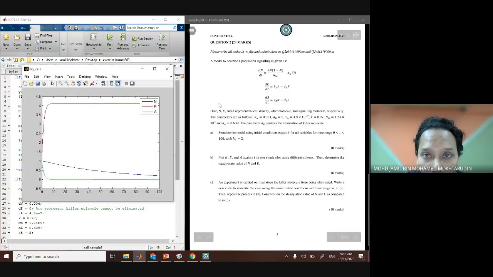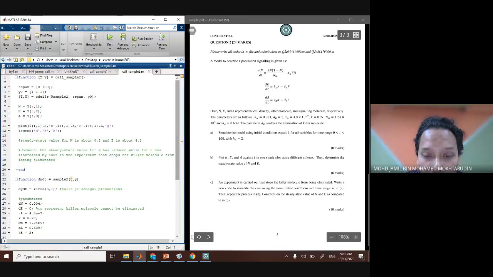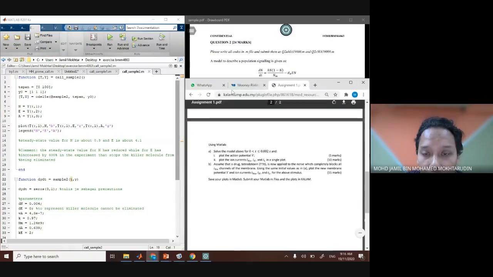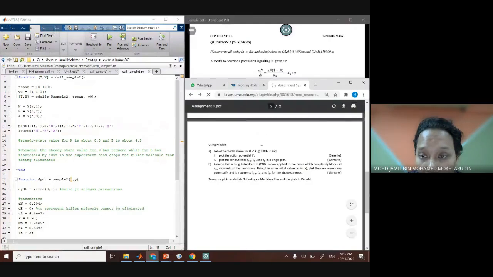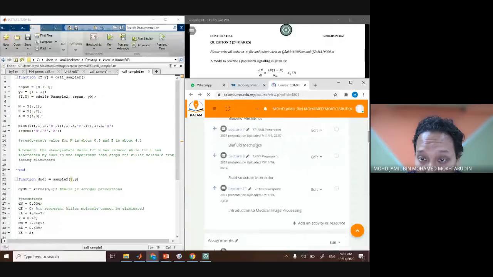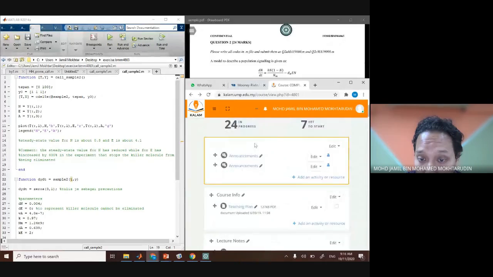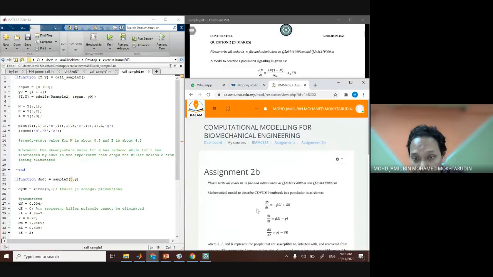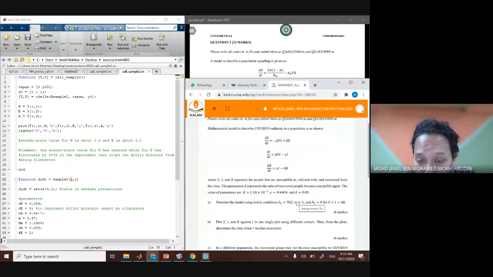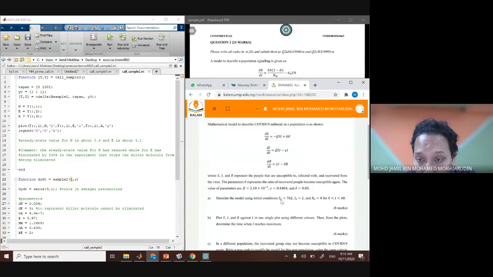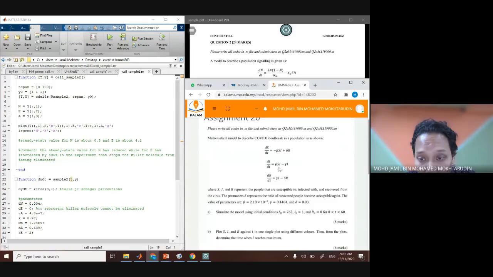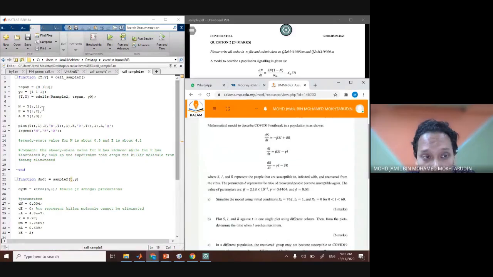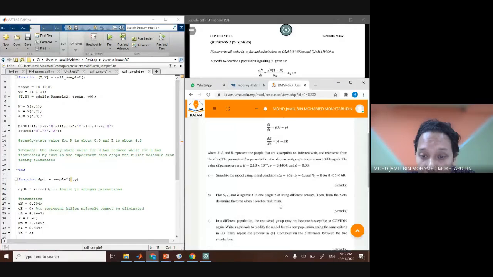Okay, so for assignment question 2B, the question is something similar. For question A, you need to write the code for ODE and the calling function.